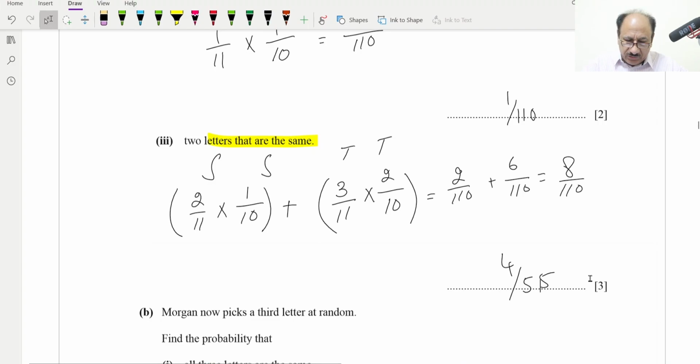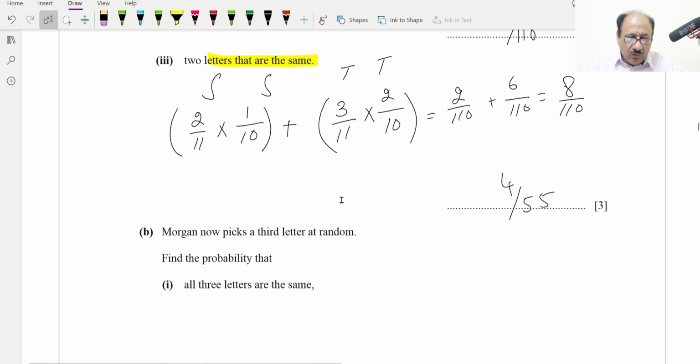This is a simple 3 marks question. Then next, part B: Morgan now picks a third letter at random. Find the probability that all three letters are the same.